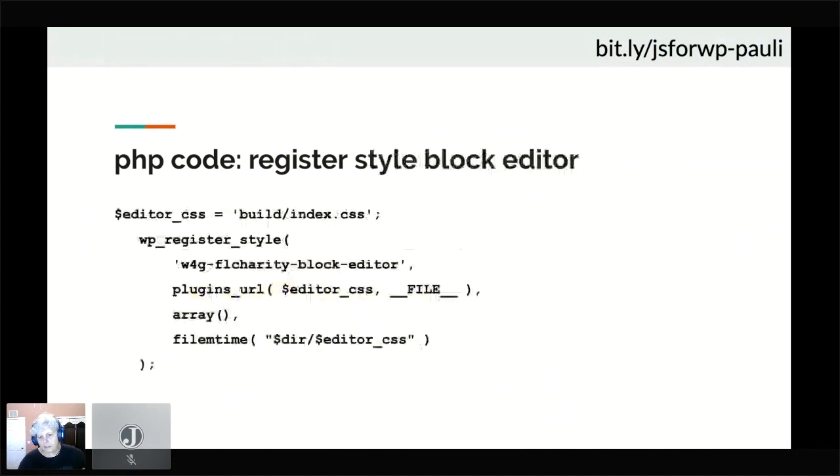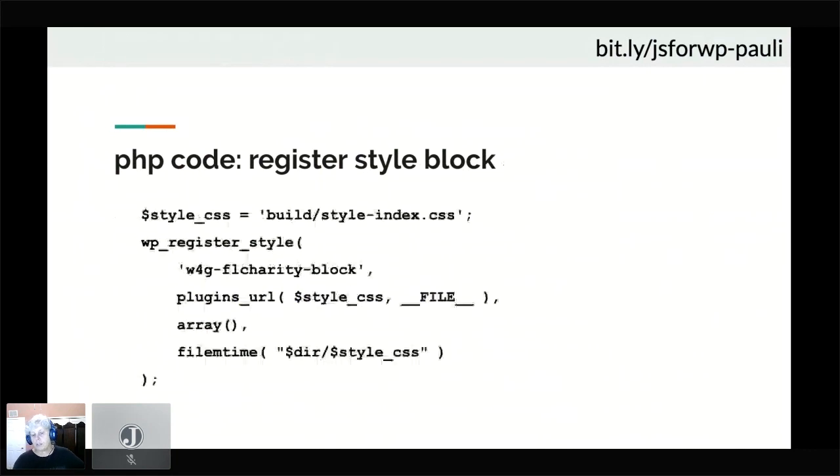And then we do the same with editor CSS, also pointing to the build directory. We saw that also in the block.json, so you're kind of repeating that here too. Sooner or later, you can build that from the block.json file. Right now, the tool automatically built that for you, so you don't have to write that.